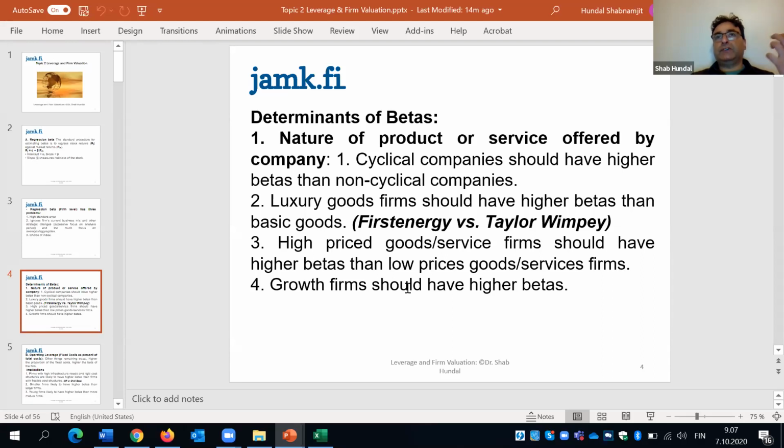So therefore, food is very low price or income sensitive. So with the change in the food prices, the revenue or the stock price of the food producing companies also doesn't change too much. So they are generally expected to have low beta.